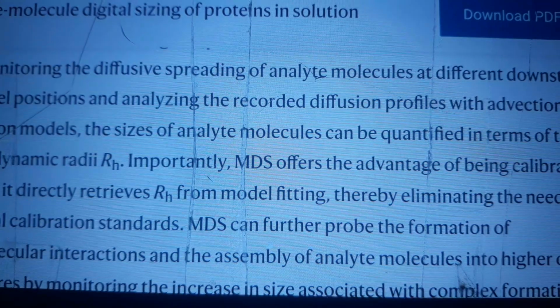By monitoring the diffusive spreading of analyte molecules at different downstream channel positions and analyzing the recorded diffusion profiles with advection diffusion models, the size of analyte molecules can be quantified in terms of their hydrodynamic radii, RH.